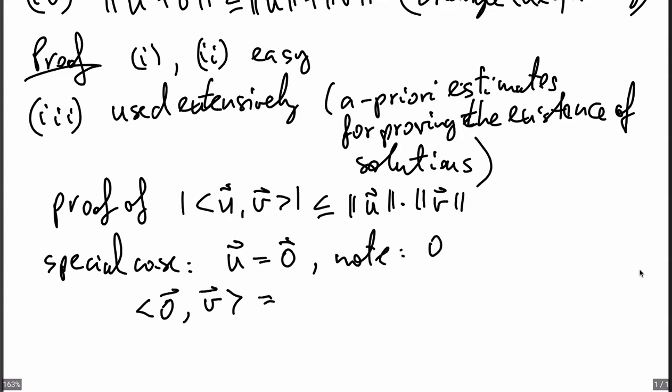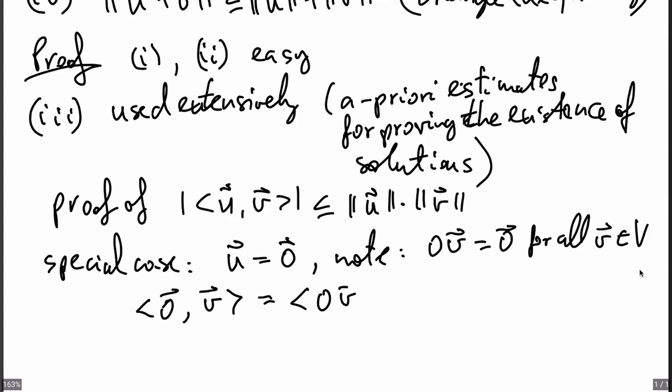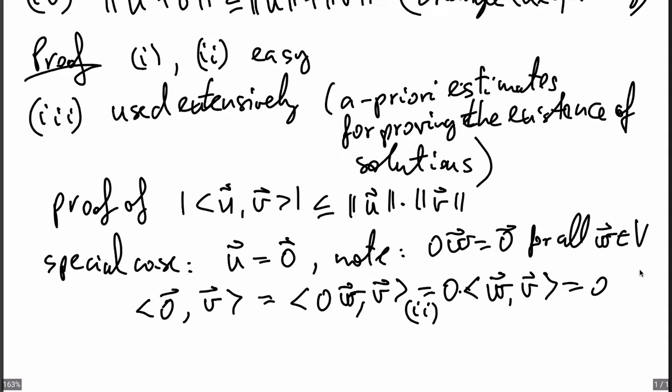Note that 0 times v equals the 0 vector for all v vector. So that means that instead of the 0v inner product, we could write 0 times v inner product, and then we can factor out the 0 according to property 2 of the inner product. And I don't even care if it's the same v vector or it could be a different w vector. The point is that no matter what this inner product is, when you multiply it with 0, you get the 0 scalar.